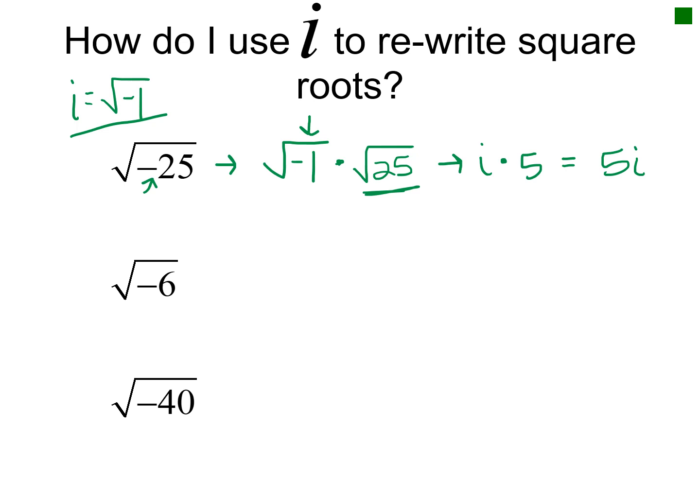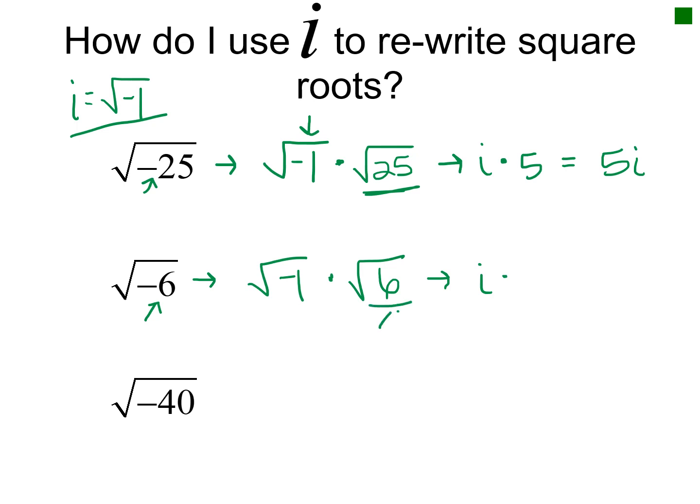If we look at the next one, we have the square root of negative 6. Again, we see that negative and that red flag should be going off. I've got to pull out that negative 1. So I'm going to pull out that negative 1, keep it under the square root, and multiply by the square root of 6. Then as I go forward, I know that the square root of negative 1 is i times, do we know what the square root of 6 is? We don't.